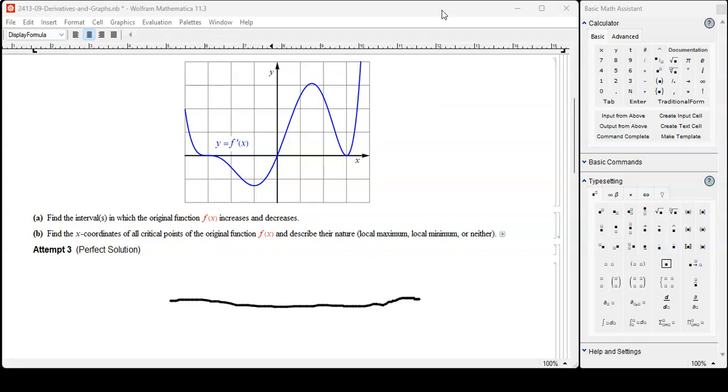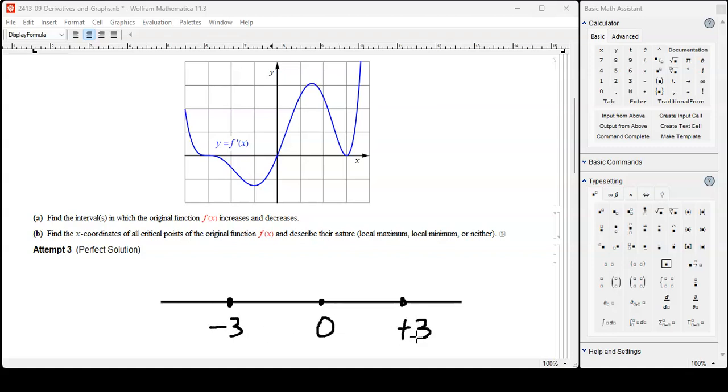Okay, let's get the x-axis. And then let's put the critical points, or x-coordinates of the critical points. That's -3, that's 0, and that's +3.